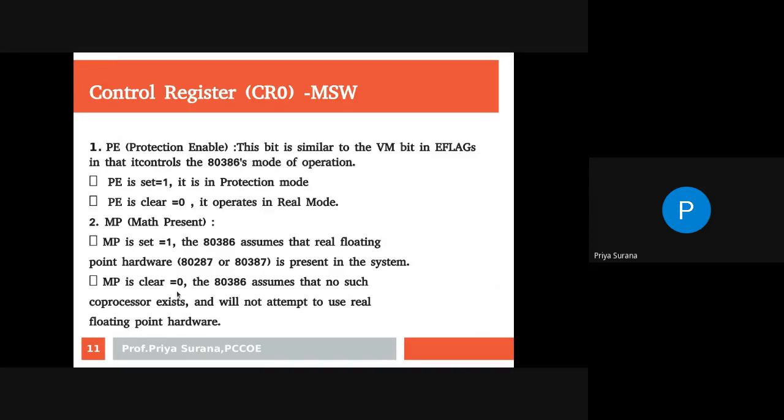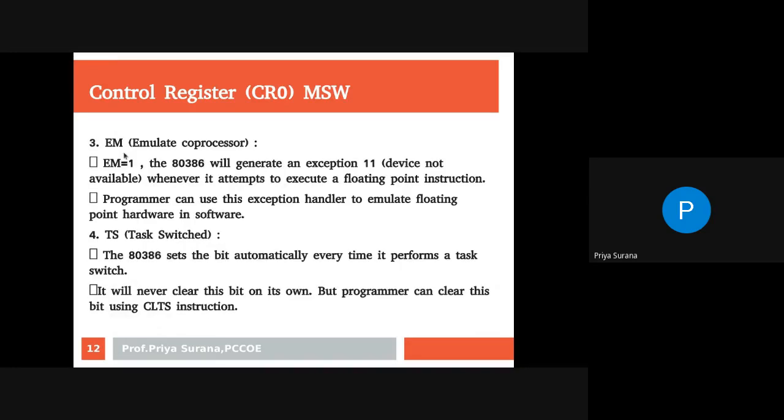If the MP bit is clear, it gives information that a separate coprocessor is not available. Now check the next one. EM equal to 1, that is emulate coprocessor. The 80386 will generate exception 11, device not available, whenever it attempts to execute a floating point instruction.